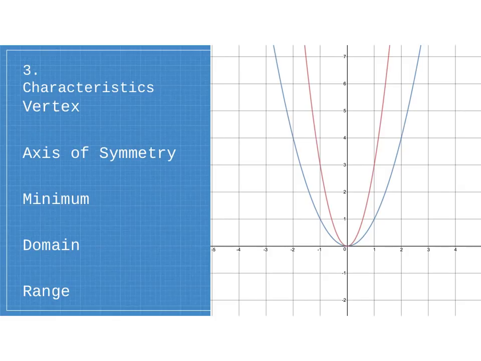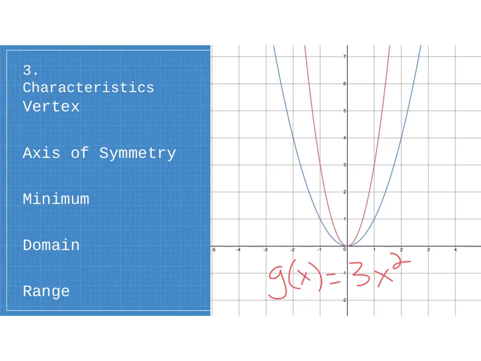Here we have our parent function, which is in blue, and then our new function, which is in red. Our red parabola would be g of x equals 3x squared.